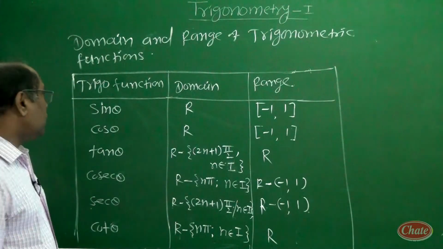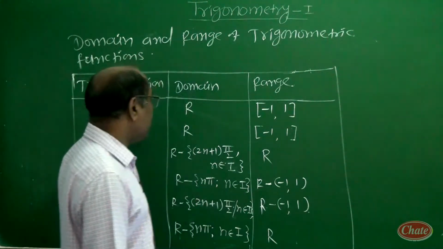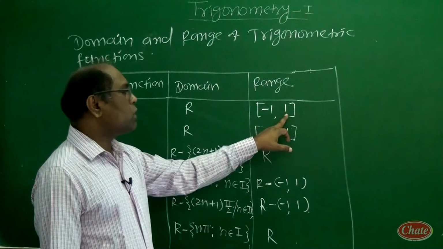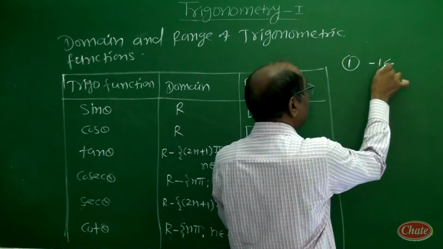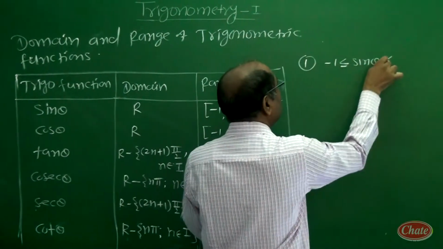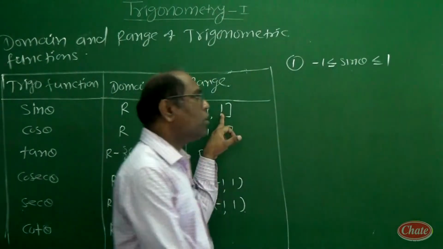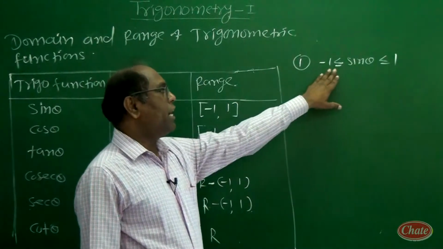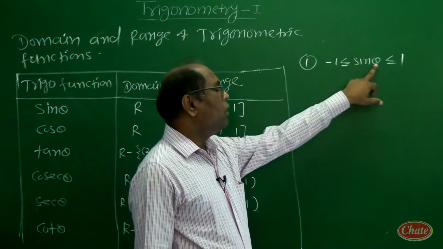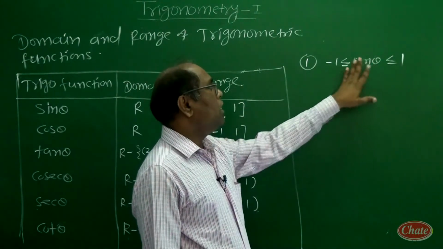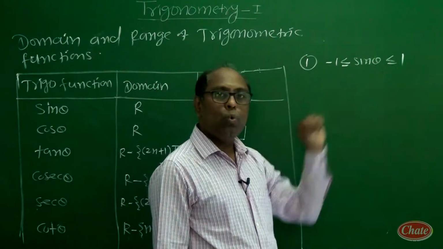Now see here, sin theta. What is the range of sin theta? The closed interval minus 1 comma 1, meaning minus 1 is less than or equal to sin theta is less than or equal to 1. For any value of theta, the value of sin theta is from minus 1 to 1.